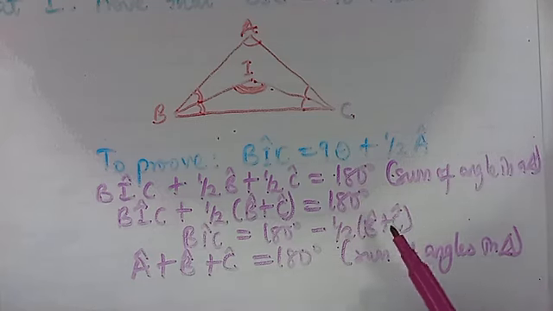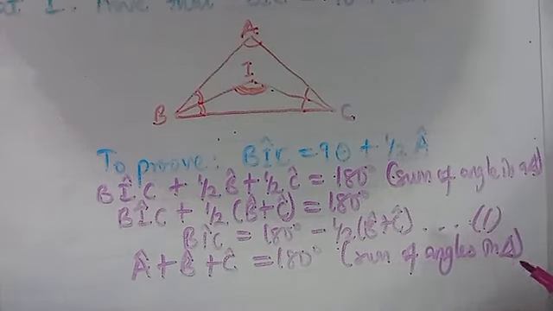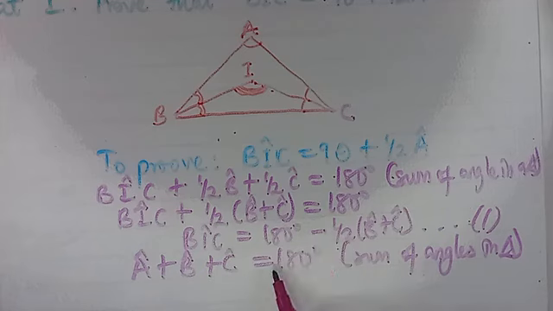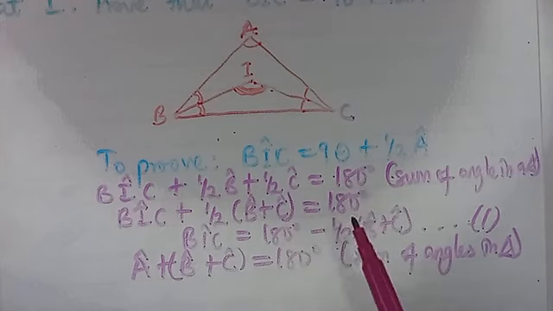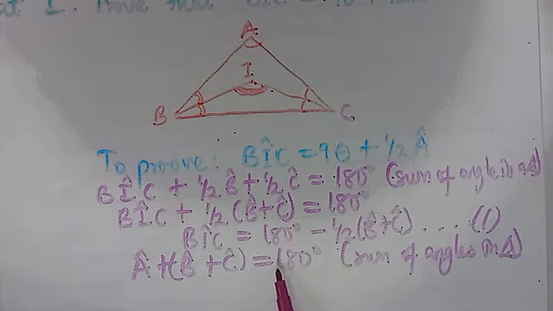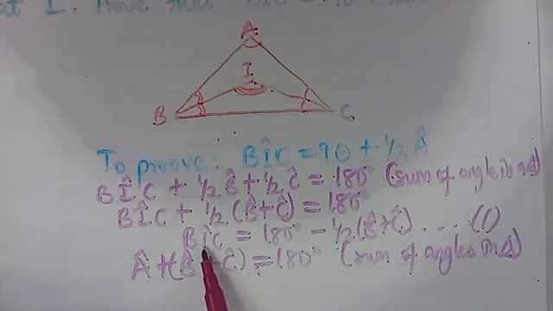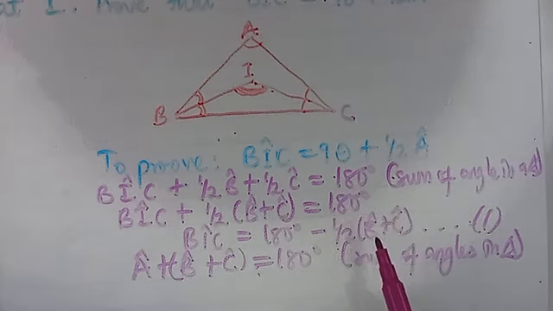Now, let me call this first statement equation 1. When we look at this first statement, we could see B and C, and when we look at what we've been given to prove, we see that B and C are not there. So we can make B plus C the subject of the equation in this one. Why did I choose this one? Because this is already the subject of the formula, just like what we are to prove. Is that clear now?